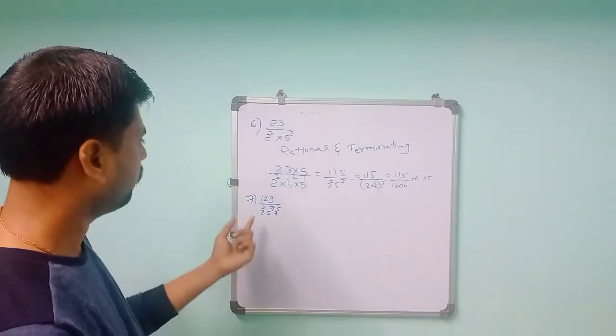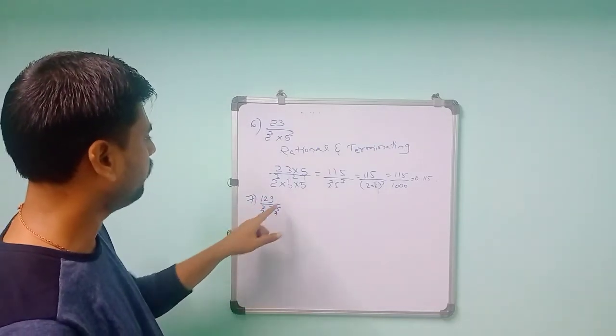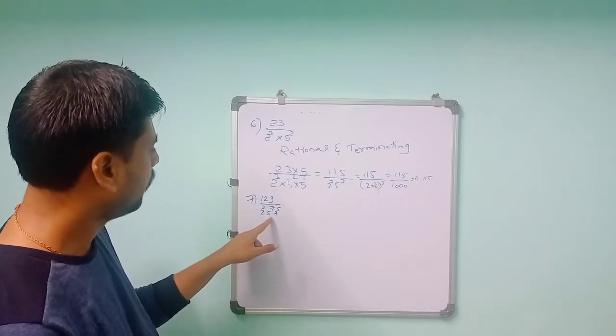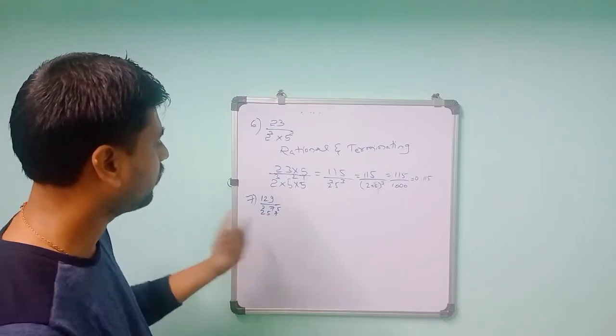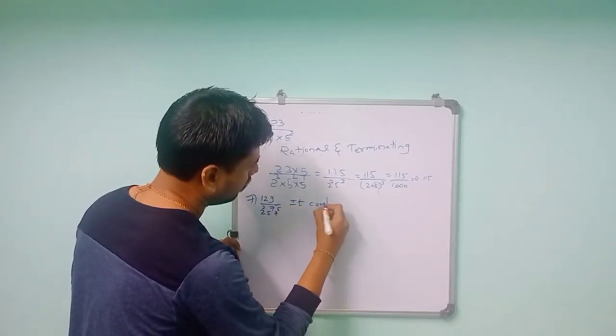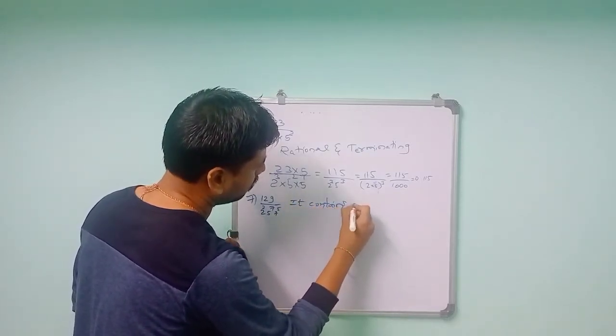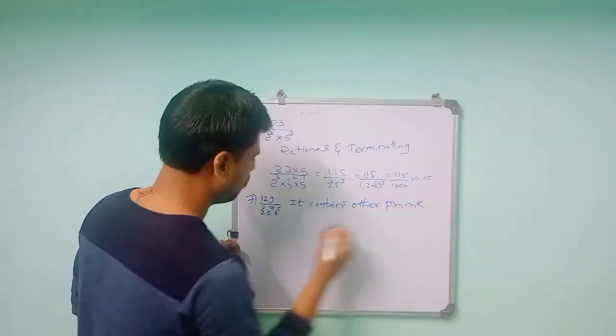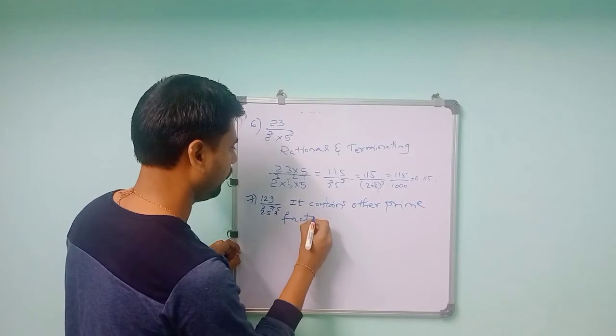So if you see the problem carefully, here 129 by 2 raised to n is there, 5 raised to n is there. But this also contains another factor, 7. It should not contain other factors. It contains another prime factor, 7.